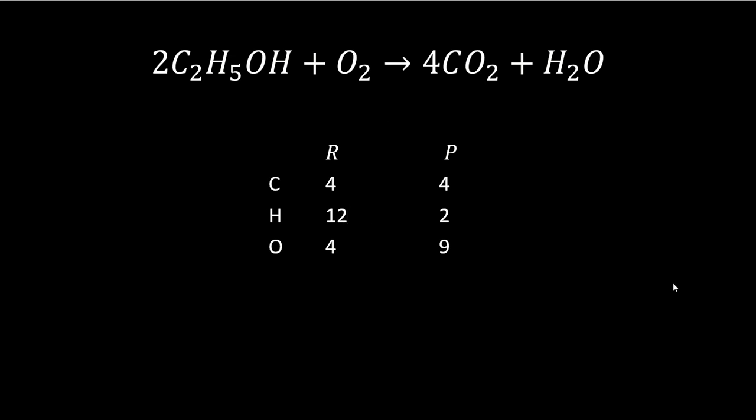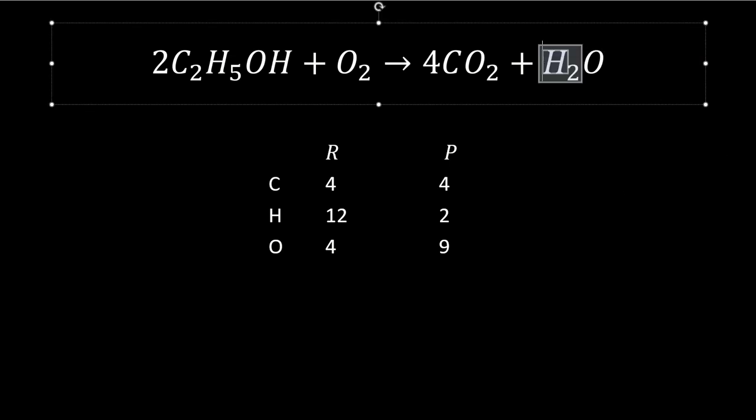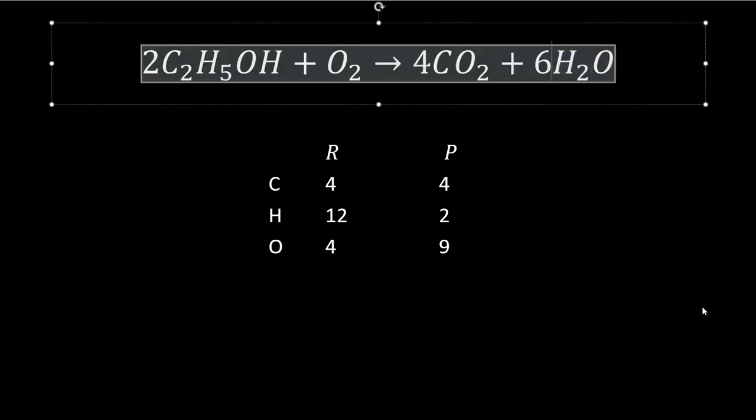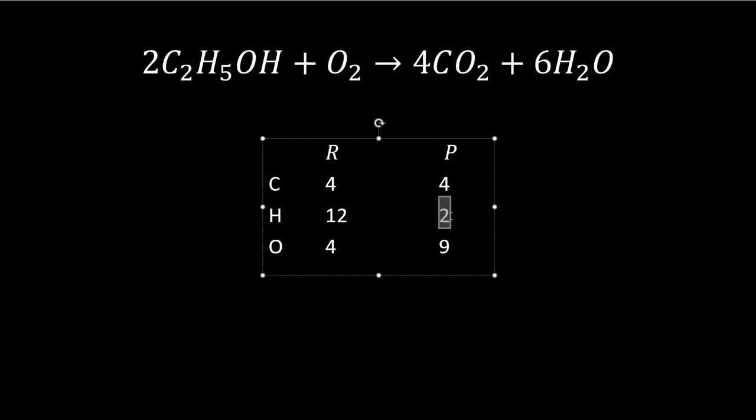So we currently have 12 hydrogen represented on the reactant side. Then to get 12 on the product side, we just put a 6 in front of H2O. So now that is 12 hydrogen, and the total number of oxygen is 4 times 2, 8, plus 6 times 1, 6. That would be 8 plus 6, or 14.